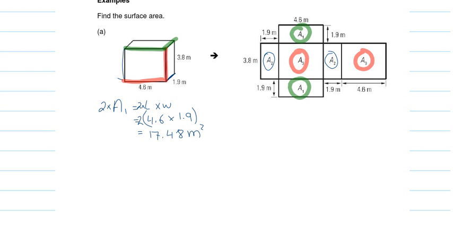How many A2s do you have? 2. So that's 2 times the area of A2. So that's going to be 2 times length times width, which is going to be 2 times 1.9 times 3.8. Right? Because if I look at A2, it's 3.8 and 1.9.